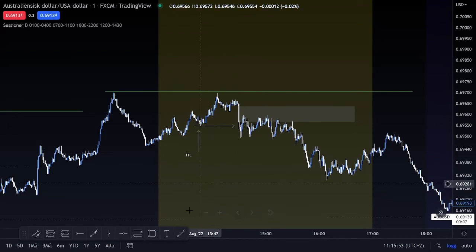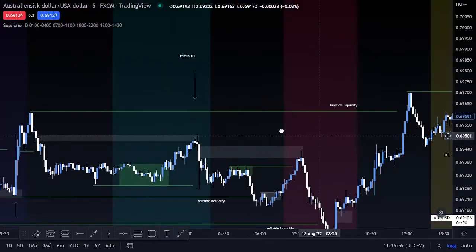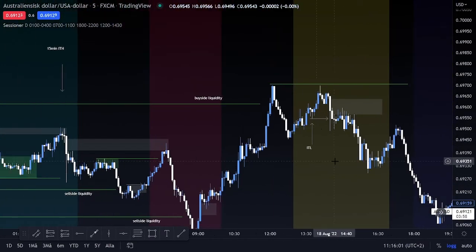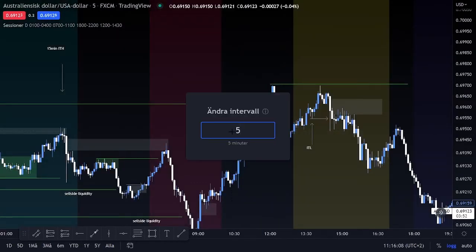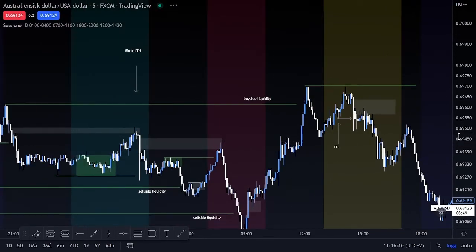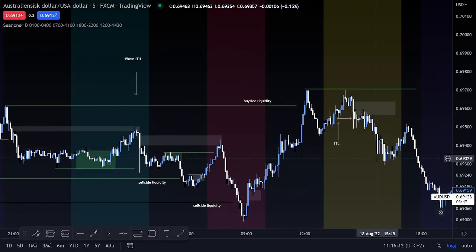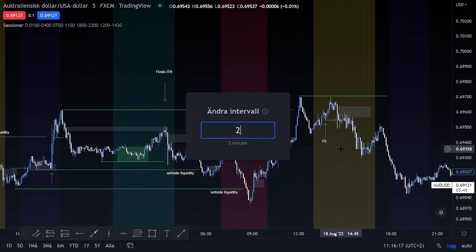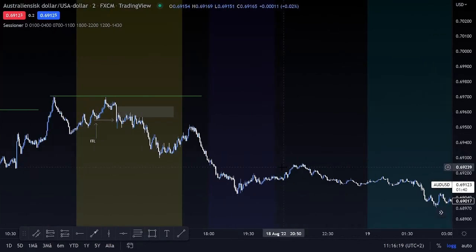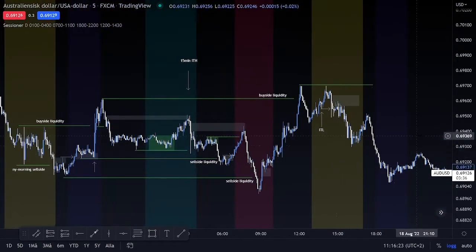Because we have a bearish breaker. Look at the 5-minute again. The 4-minute maybe. What's happening now? Yeah, anyway, we have a bearish breaker here.